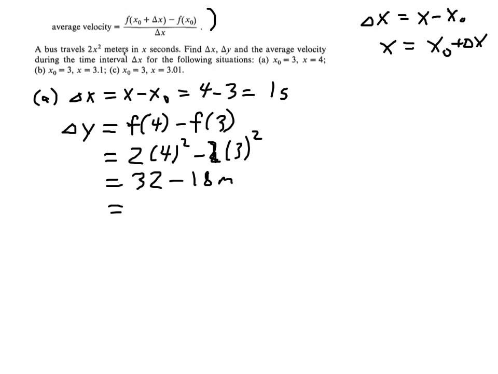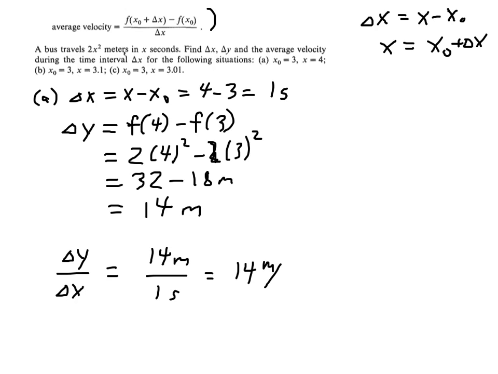So the total amount of distance traveled will be 14 meters. And then the average velocity, delta y over delta x, is 14 meters in 1 second, or 14 meters per second.